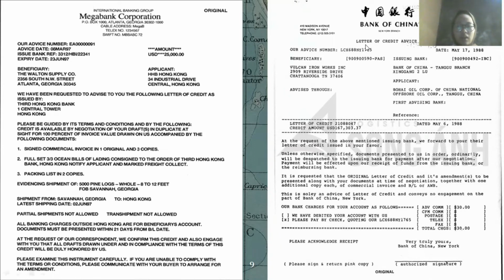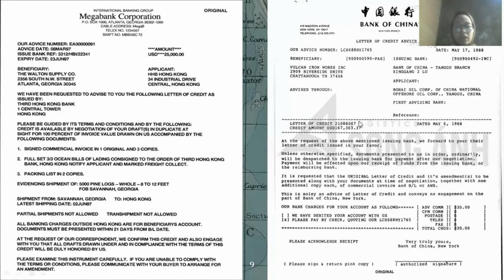Okay, next document is from Bank of China. This letter has the number of the letter of credit and the date the letter of credit was made. Next part is the name and the address of the beneficiary, the name and address of the issuing bank, and the name and the address of the applicant.